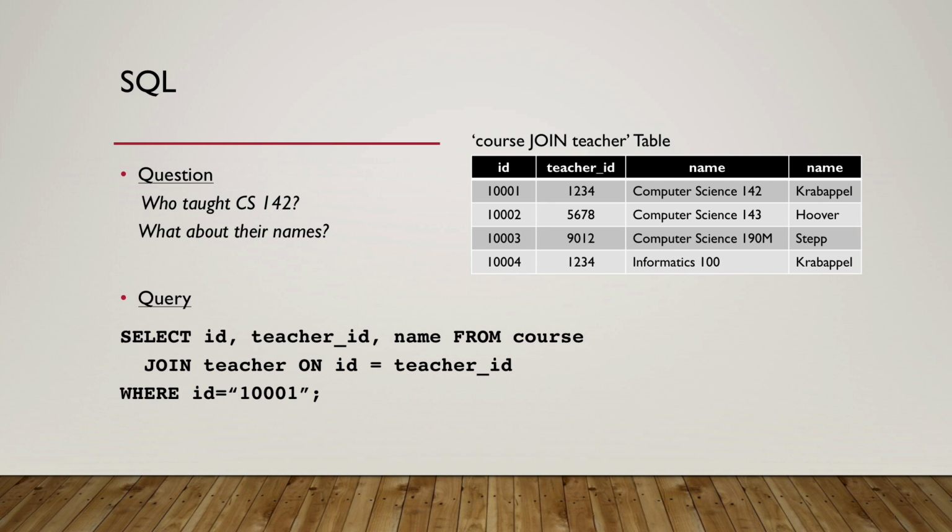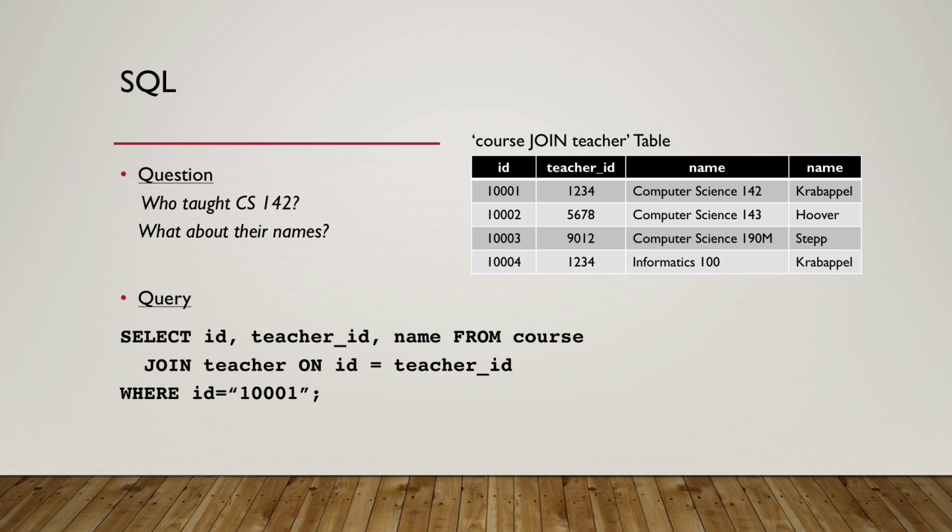So that's the simple idea. Make sure you understand exactly how the join syntax works. I'm now drawing from course joined with teacher, and I do this on a particular element. Now, when I ask for 10,001, I'm going to get back this row right here, which does include the data I need, the name of the teacher.